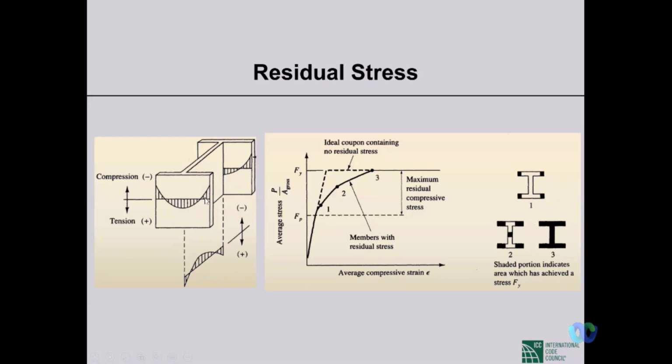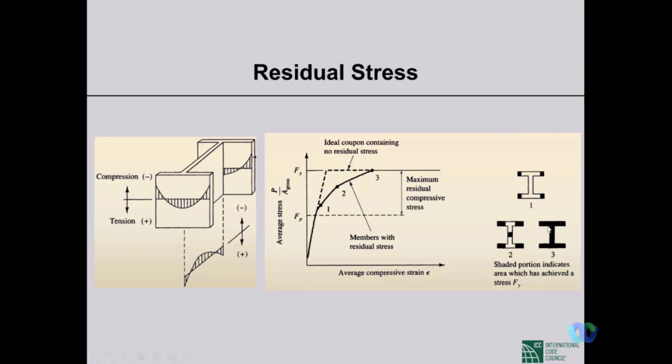So if we see on the right side, once it starts cooling down, the outer edges of the flanges cool faster, and that causes some compressive stresses. Then the middle of the web starts cooling down, which causes compressive stresses in the middle of the web, and gradually the whole thing cools down.